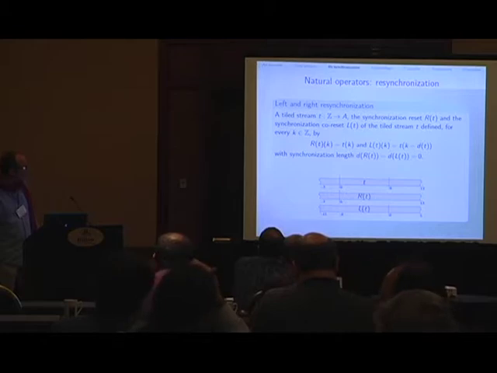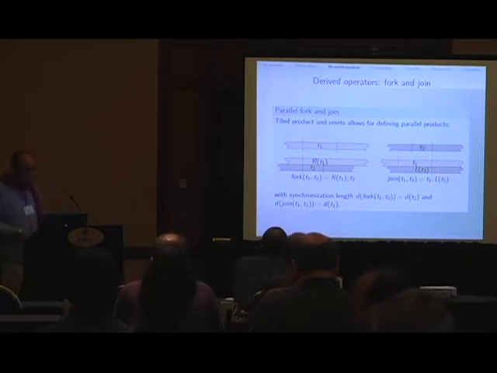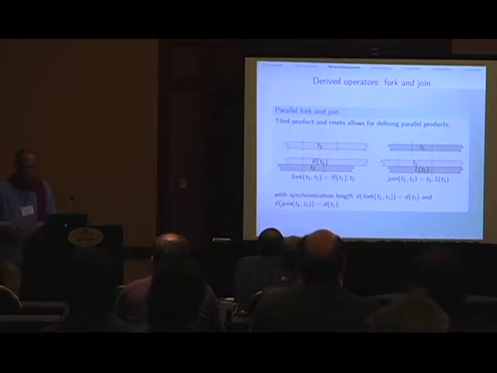So this allows us to define some sort of parallel composition. If I take two signals T1 and T2, I can define a fork of T1, T2, meaning starting T1 and T2 at the same time, synchronizing them at the beginning of their synchronization window, and this can be done that way. And I can also make a join, which means I synchronize on the end of the synchronization window, and this can be done that way.